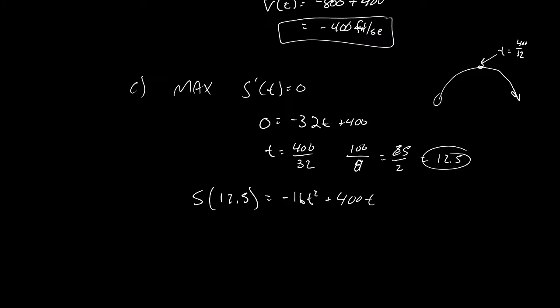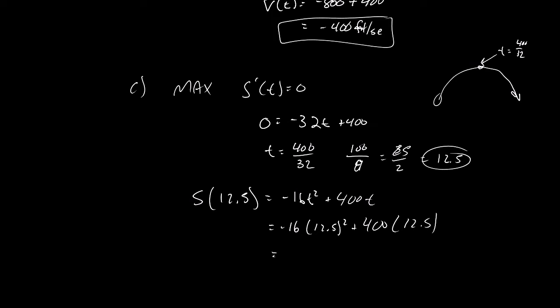And we just plug that in, so we get negative 16 times 12.5 squared plus 400 times 12.5. We pull out our nifty-difty calculator that's behind me. Okay, so we have 12.5 squared times negative 16.